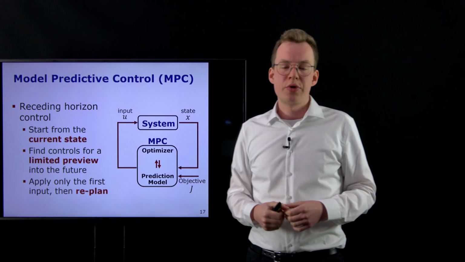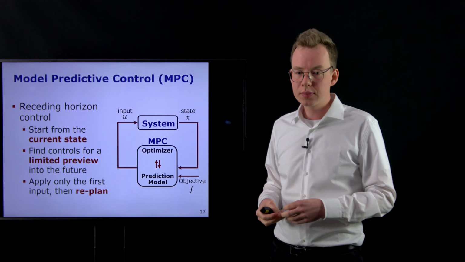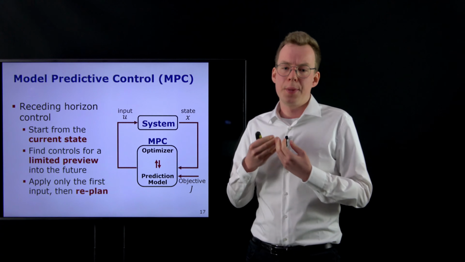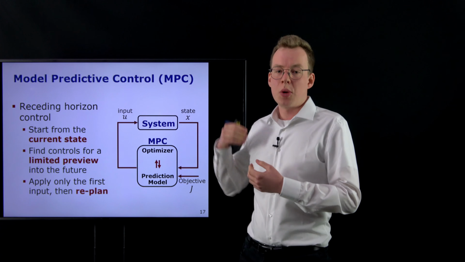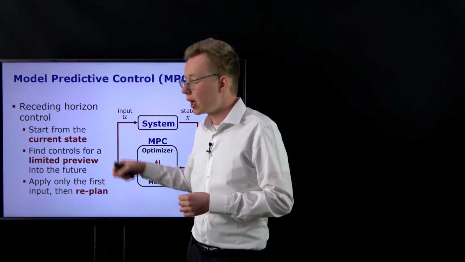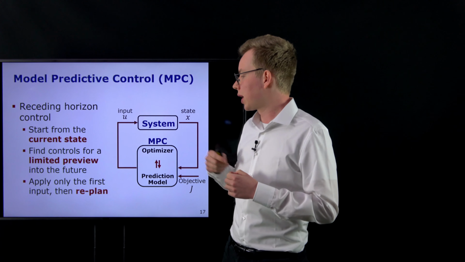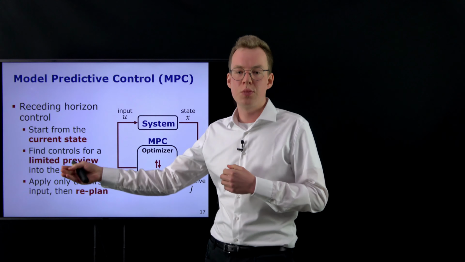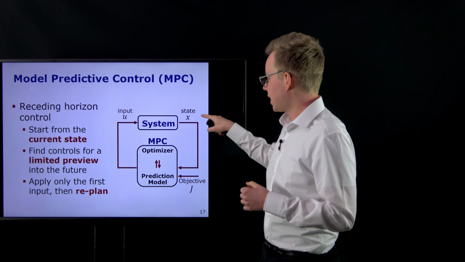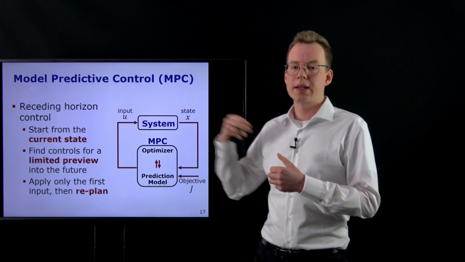And therefore, model predictive control adds one further idea to this framework of optimization, which is the idea of receding horizon control. Rather than optimizing for the full trajectory into the future, we start at the current time step and consider only the current state. From there we take a look ahead, only considering a limited preview into the future, maybe the next 50 steps. We measure the state and task our optimizer to optimize the next 50 time steps.